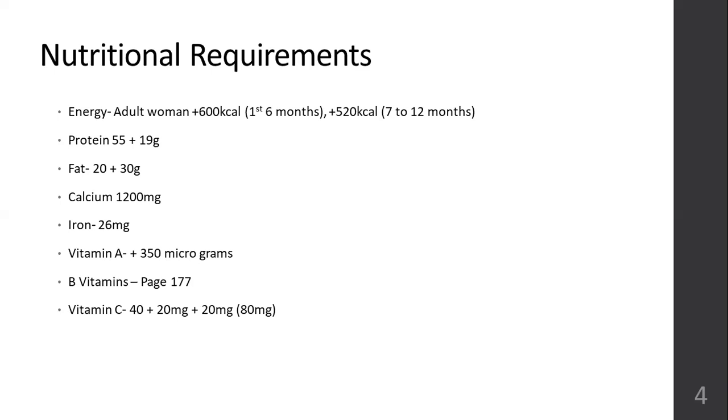So 65 plus additional 50 mg, that means you will require 115 mg of vitamin C per day. Earlier, in the previous ICMR data, you would only get 80 mg of vitamin C per day. But now the vitamin C level has been increased. A lactating woman should have at least 115 mg of vitamin C per day.